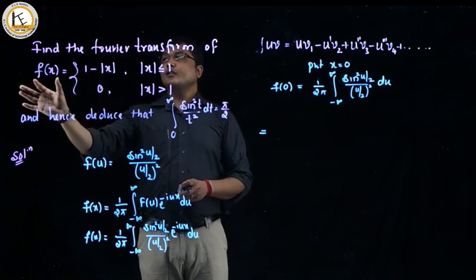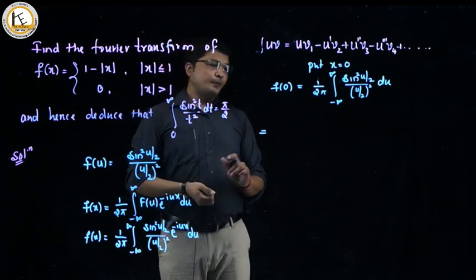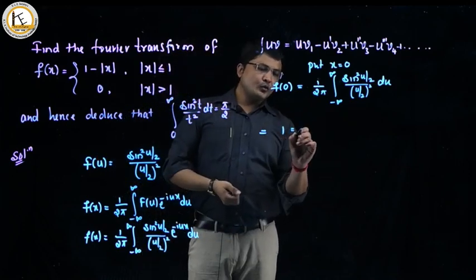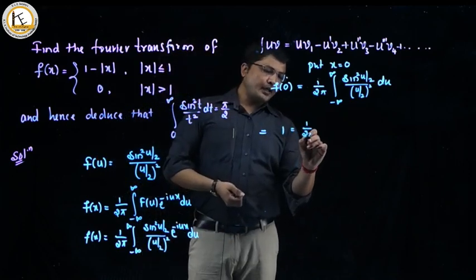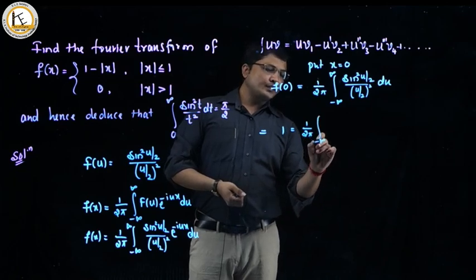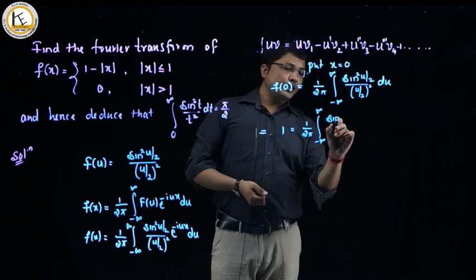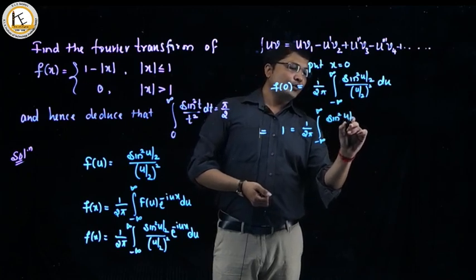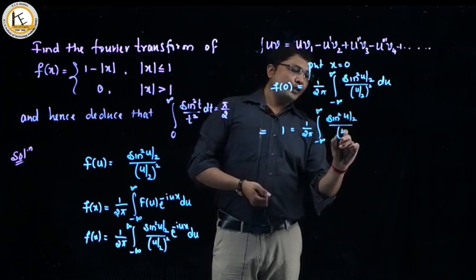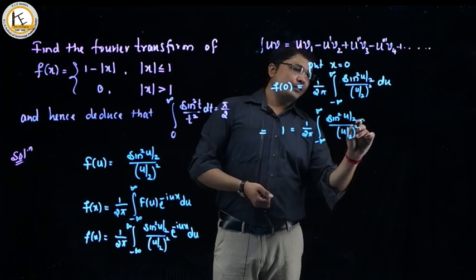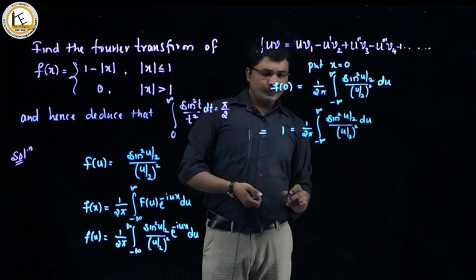Therefore we have f of 0 as 1. So 1 equal to 1 upon 2 pi integral minus infinity to plus infinity, sine square u by 2 divided by u by 2, the whole square, with respect to u.